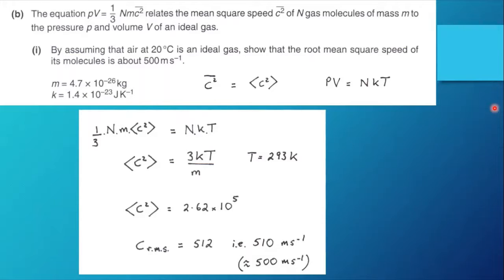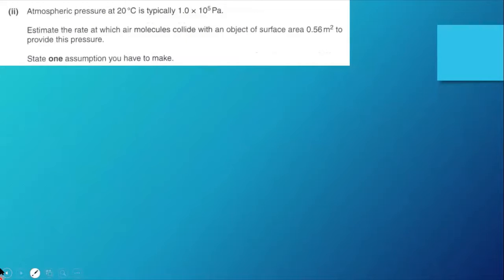Good. Now, remember this value for the mass here, and let's look at the next part of this question. We've got a value for atmospheric pressure. Estimate the rate at which air molecules collide with an object of surface area 0.56 square meters to provide this pressure.